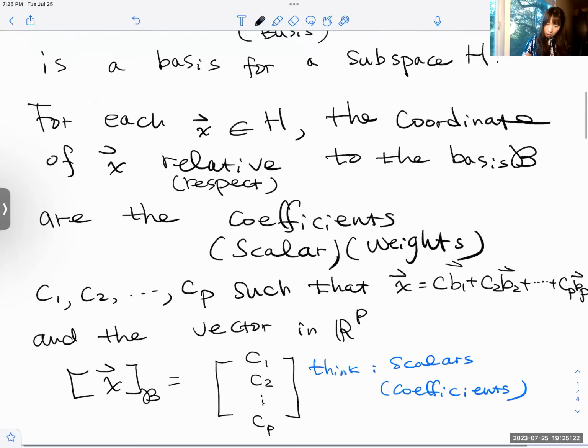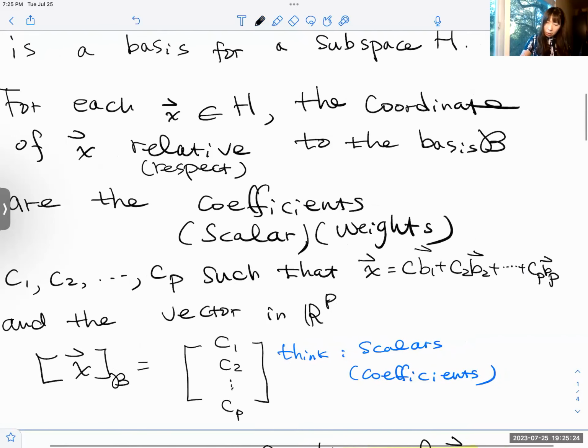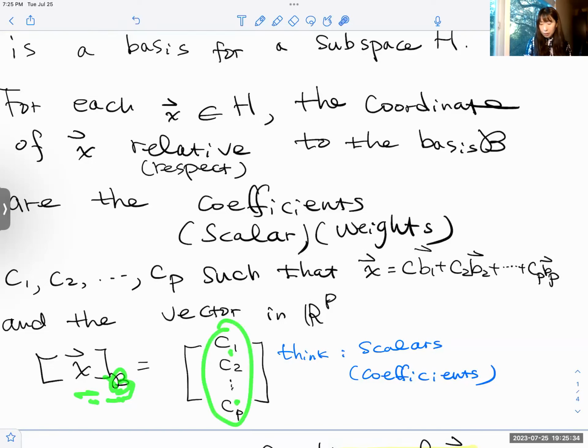Let's take a look at the definition. This one is the coordinate of a vector x. They give us only scalars, the coefficients.